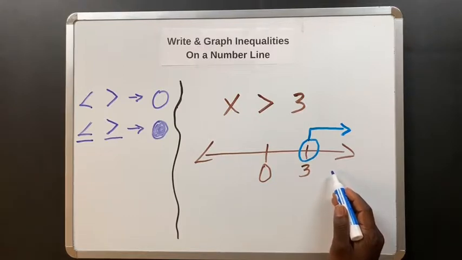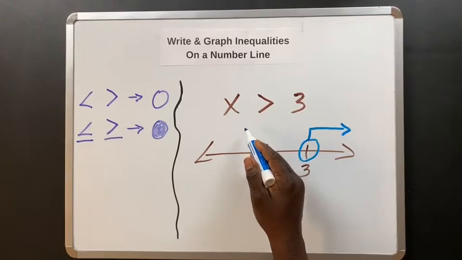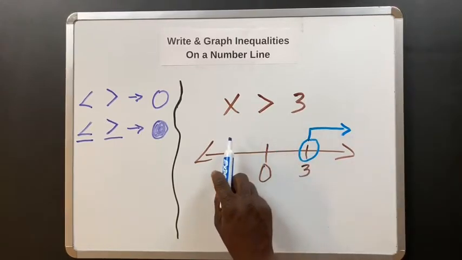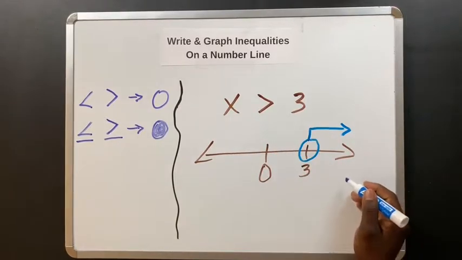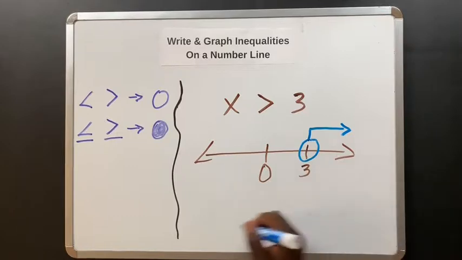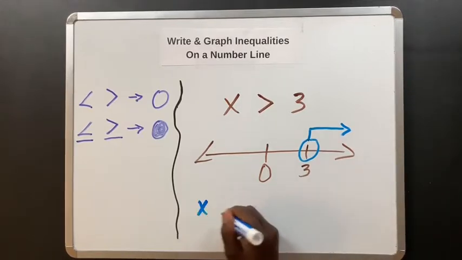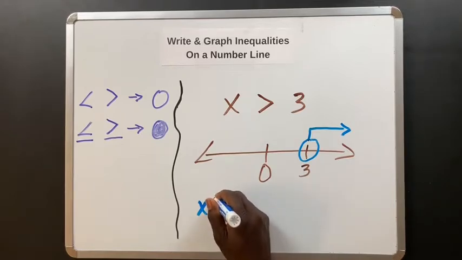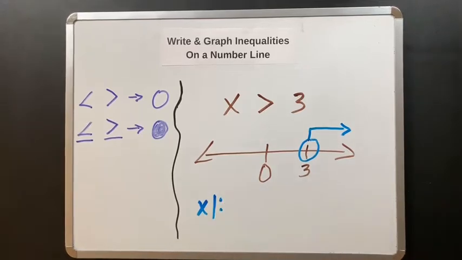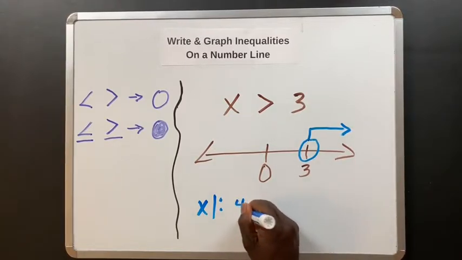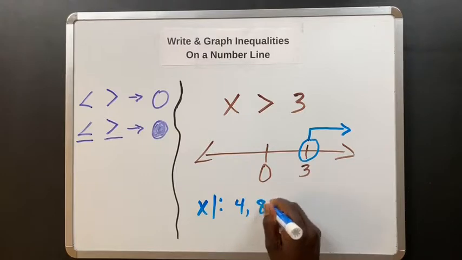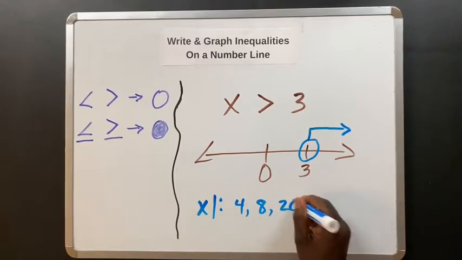Okay, so a solution could be 4 to this inequality. If I plug in 4 for x, 4 is greater than 3. That's true. Let's just write the solution set. Solution could be 4. What else is greater than 3? 8, 20, okay?